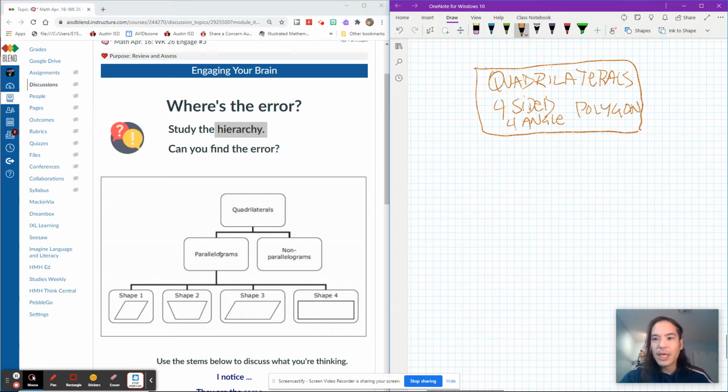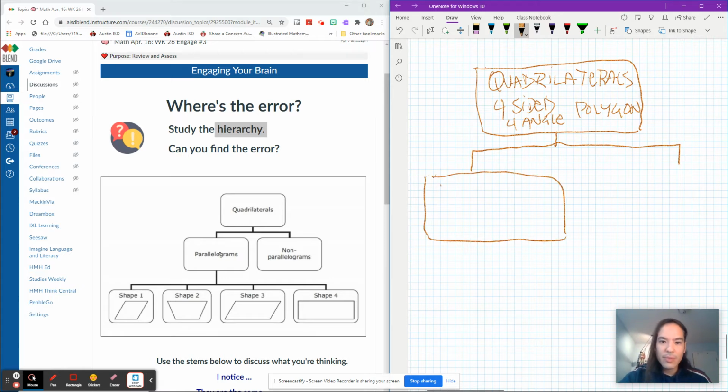So this is any polygon with four sides and four angles. And as you can see, then they branch off into two different sections. And on this one, we have parallelograms and non-parallelograms.